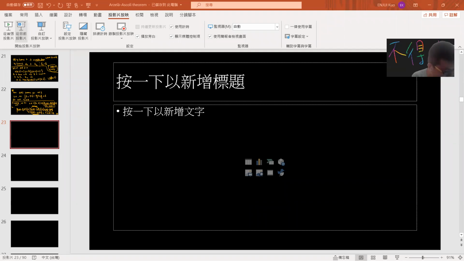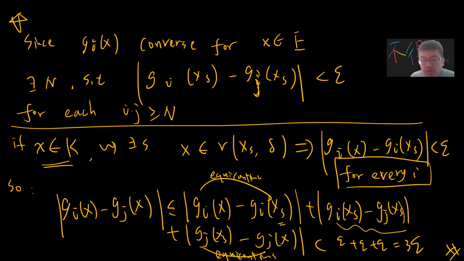Very interesting. Okay, so today let's talk about the generalization of the Weierstrass theorem into the algebra, the more abstract algebra.